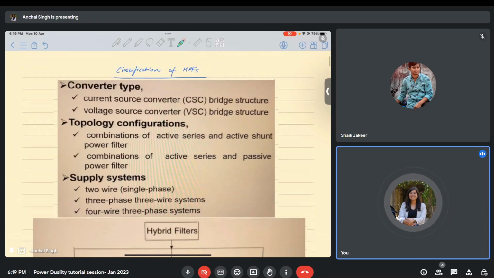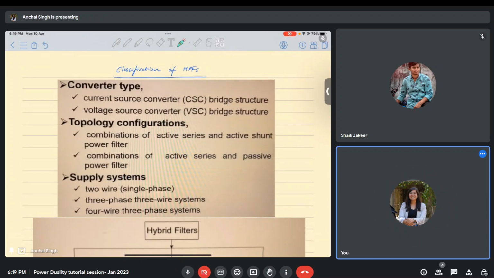Now, when we talk about the classification of hybrid power filters, as we have been discussing for almost all types of filters, there are three standard bases of classification. First is on the basis of type of converter. Second is on the basis of the topology configurations involved. Then third is based on the supply system.